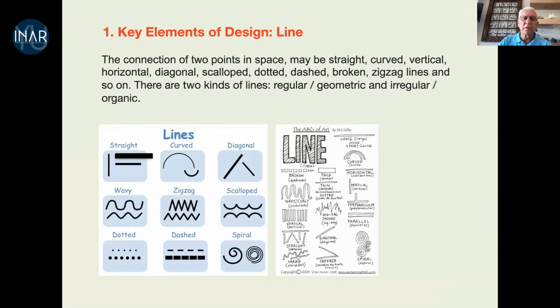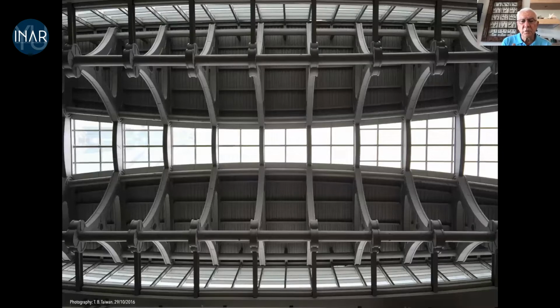Line. What are lines? The connection of 2 points in space. It may be straight, curved, vertical, horizontal, diagonal, scalloped, dotted, dashed, broken, zigzag lines, and so on. But keep in mind, there are 2 kinds of lines: regular, geometric, and irregular, organic ones. And lines, as you see here in architecture, are the things we always come across.